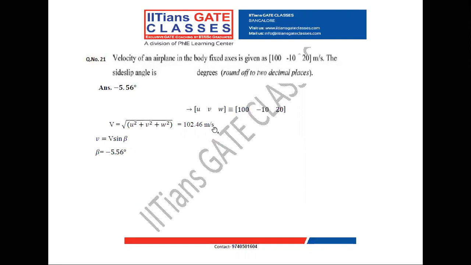Velocity in the j axis, small v, can be obtained as v equal to absolute velocity into sine beta, where beta is the side slip angle. Since we already know velocity in the j axis in the body fixed frame is minus 10 meter per second, and absolute velocity we obtained now is 102.46 meter per second, substituting this, we'll get beta as minus 5.56 degree.